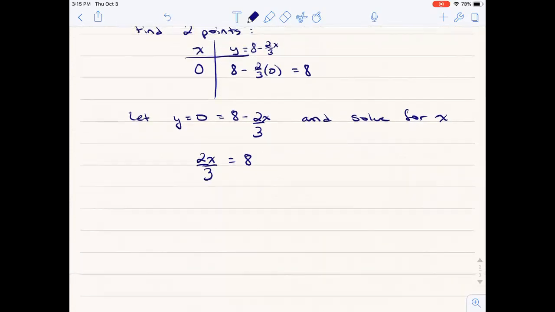Add it up here. Which one? This one? This one? This one? Yeah.